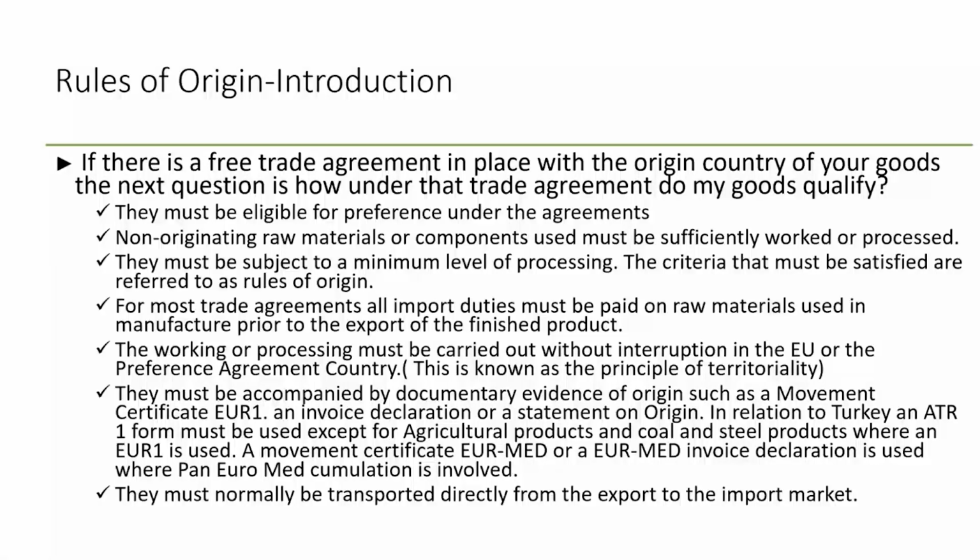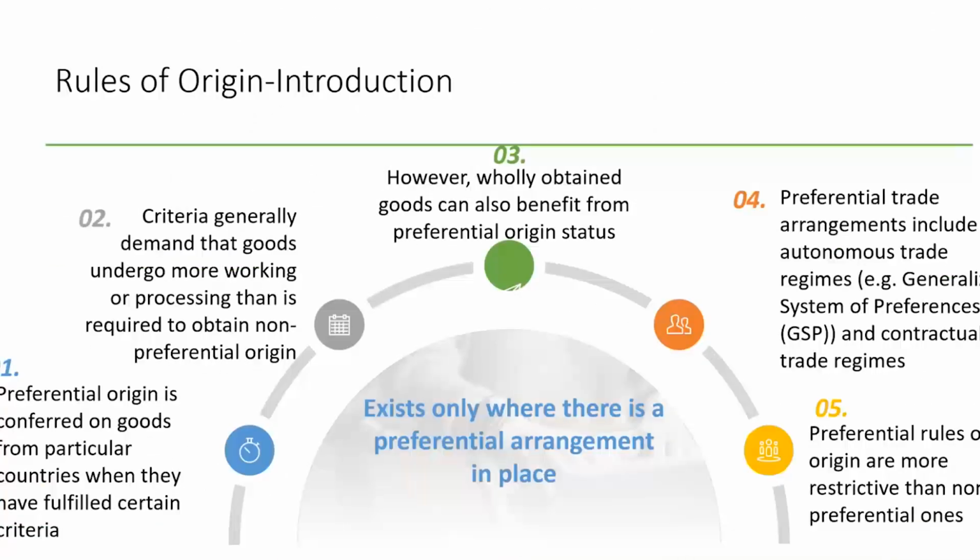There are general rules across all trade agreements. There are product-specific rules of origin related to products, but there are general rules across all trade agreements as well. And if you understand those general rules, you'll have a very good idea as to whether your product is likely to meet the rules of origin or not for most trade agreements, right?